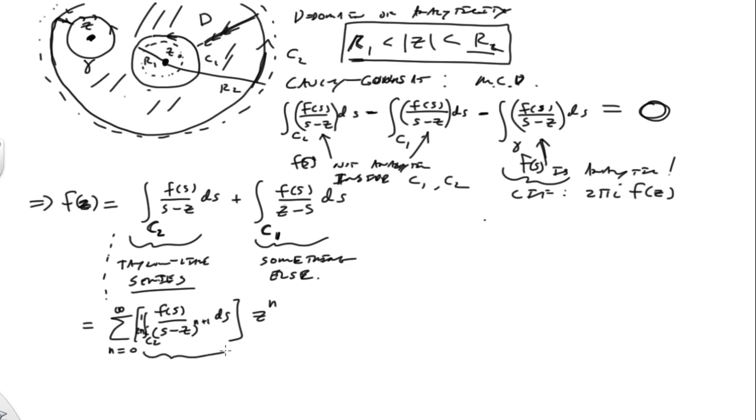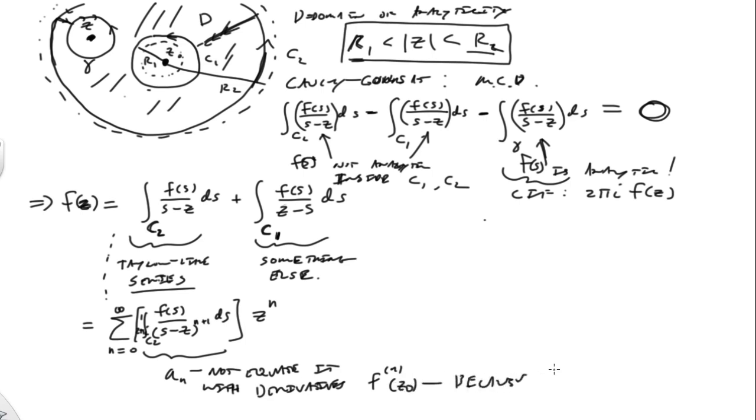And this, of course, is that a_n coefficient. However, in this particular case, we're not going to equate it with derivatives, f^(n) evaluated at z0, because they don't exist, not at that point.